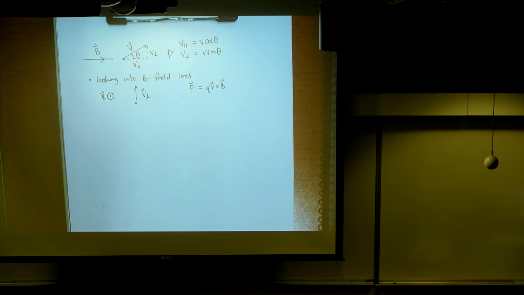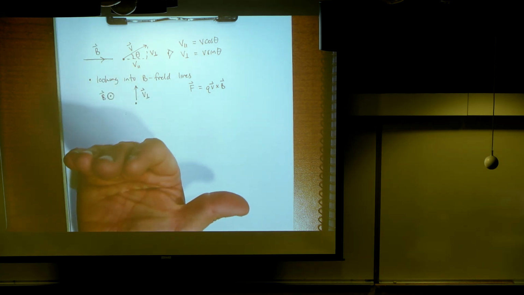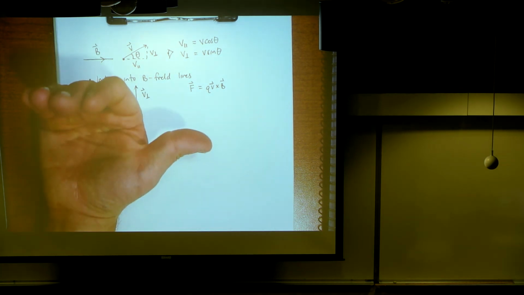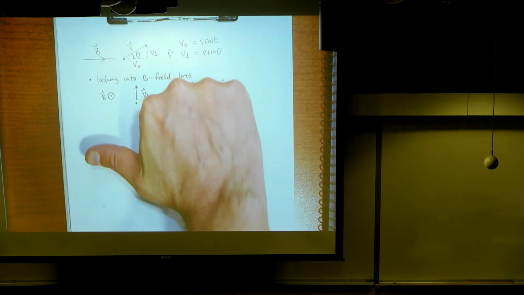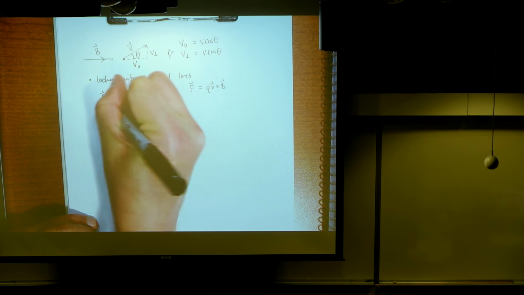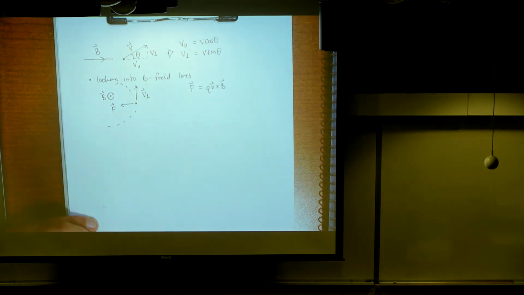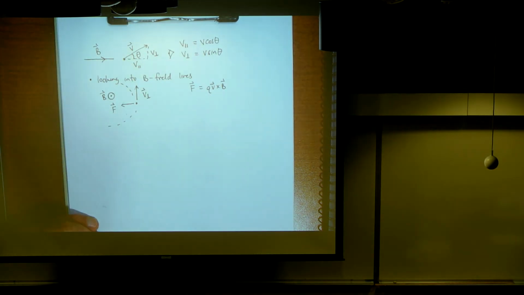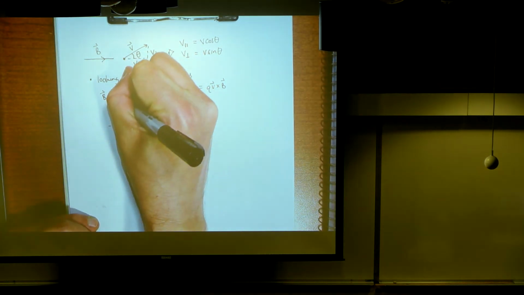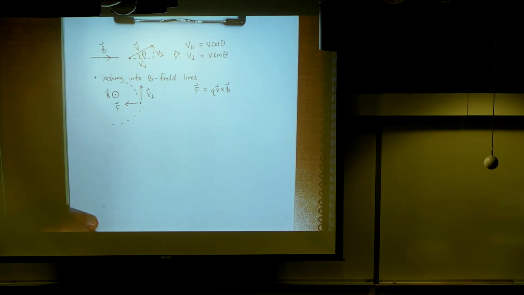We're doing v cross B. We're doing v like this, crossed with B like this, except I have a negative charge, don't I? So just flip that. I'll show the force acting on my particle going this way, which means the circle that we see, I'm just drawing some of it, looks like this. That make sense? Because remember, the force is always going towards the center of the circle. That's how I know to draw the circle this way. All right, we're good on that?